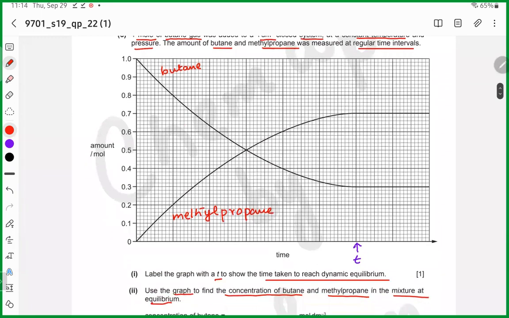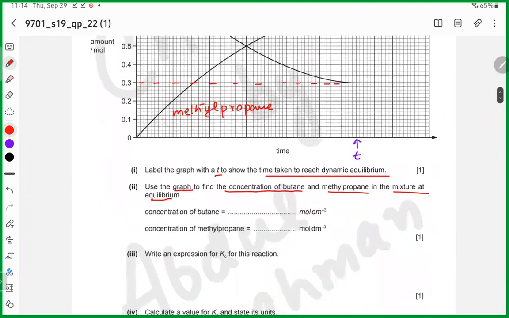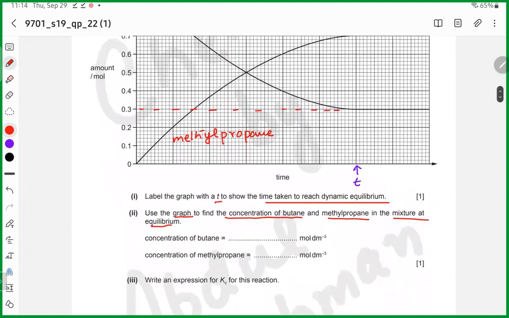As methyl propane is a product, its amount increases as the reaction proceeds. Is this clear? So this curve represents the amount, in moles, of butane. At equilibrium, there are 0.3 mole per dm cube of butane present.